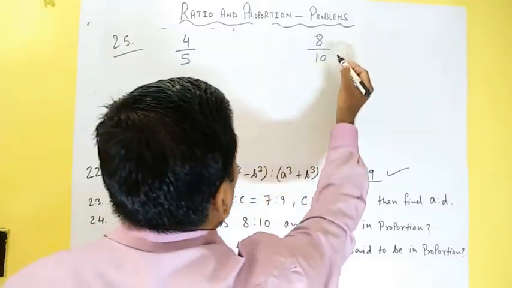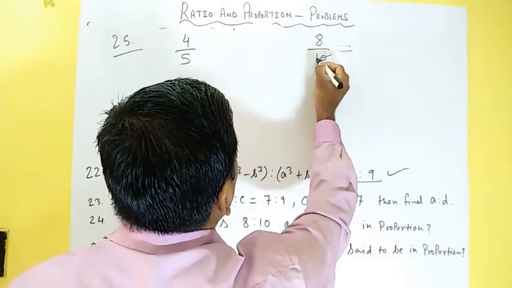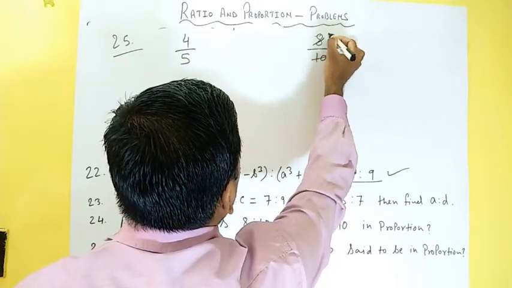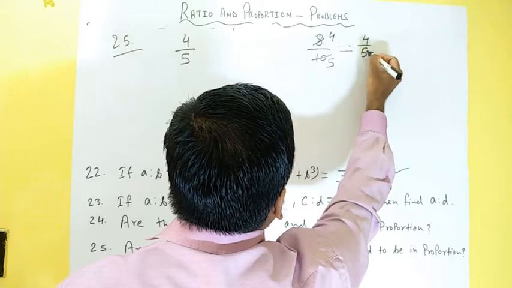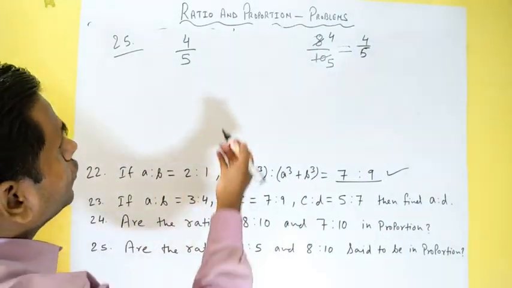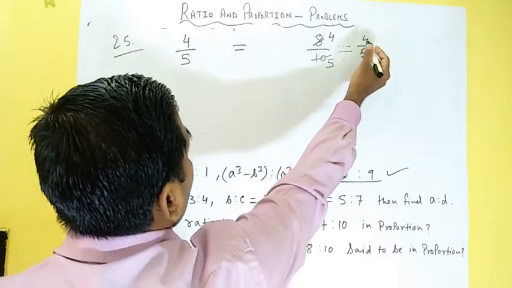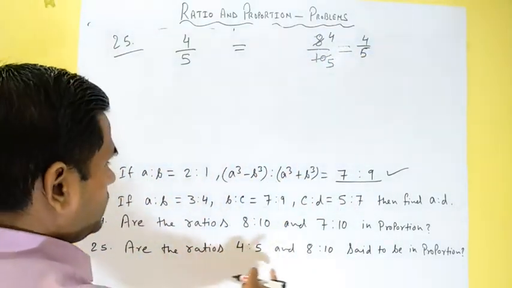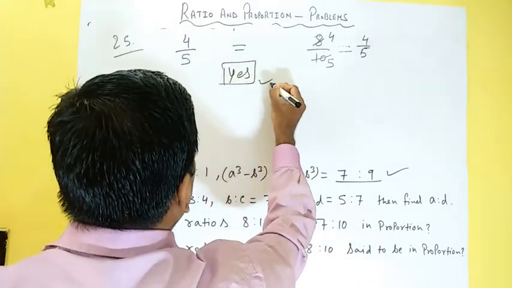So we can cancel it with 2 and we can make it into simplest form. So with 2, if you cancel, this becomes 5, this becomes 4, right? So 8 and 10 is nothing but 4 and 5. So we can say 4 and 5 is equal to 8 by 10 or 4 by 5. So are these in proportion? So answer is yes, this is in proportion.